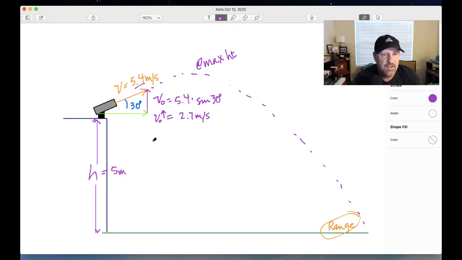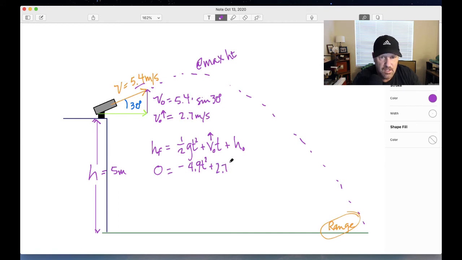So height final, the formula that we're going to use to calculate our time: height final is equal to 1/2 g t squared plus v initial vertical t plus height initial. This is in quadratic form, with height final being 0. Half of g is negative 4.9 t squared, plus v initial vertical is 2.7 t, plus height initial, which is 5 meters.